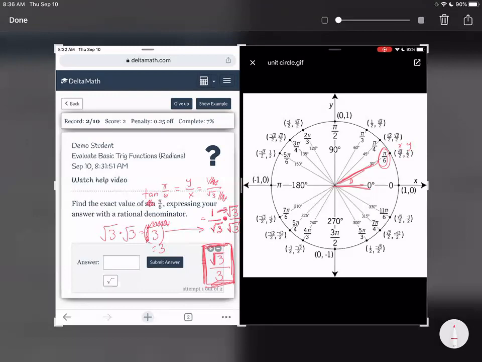So that's how you get the root 3 on the top. And then the bottom was root 3 times root 3, which is root 3 squared. And the root and the square cancel out, so you just get a 3 on the bottom. So, okay, cool. Does anyone else have questions as well?